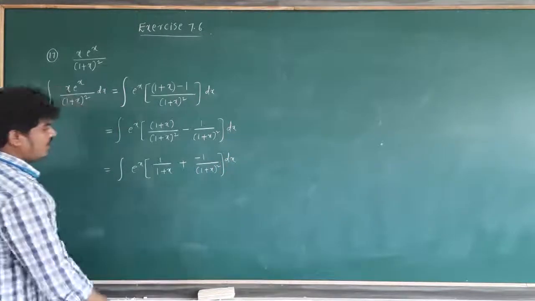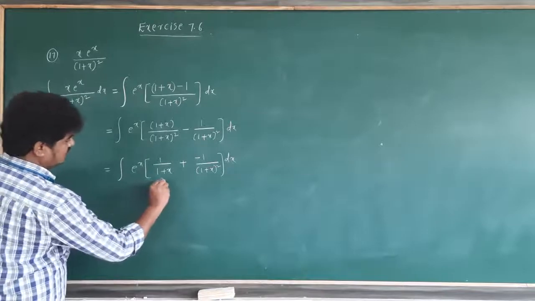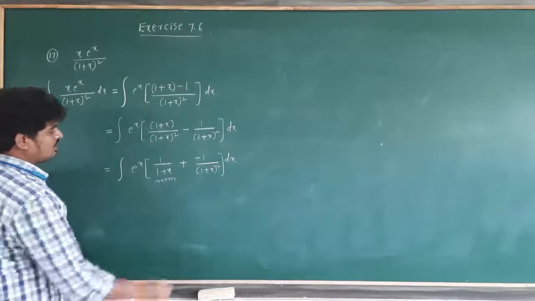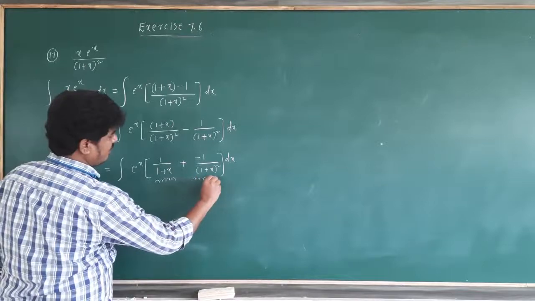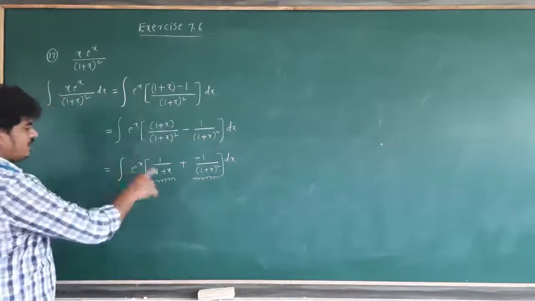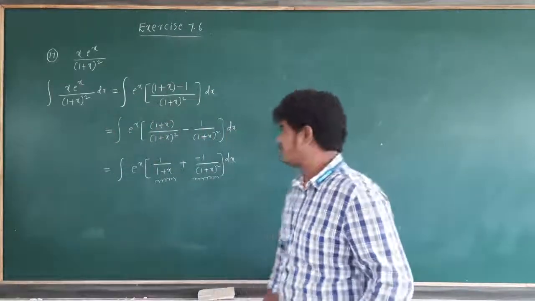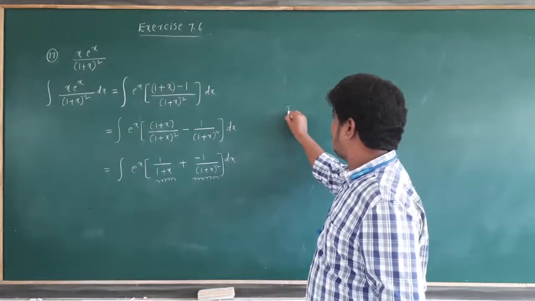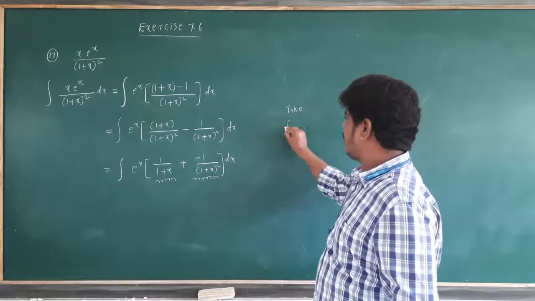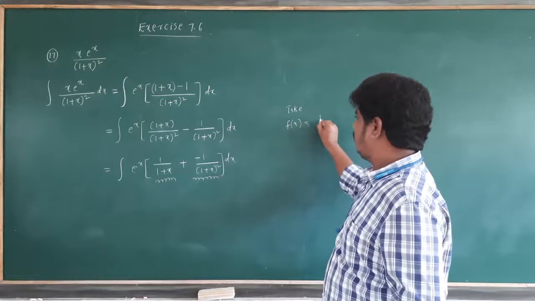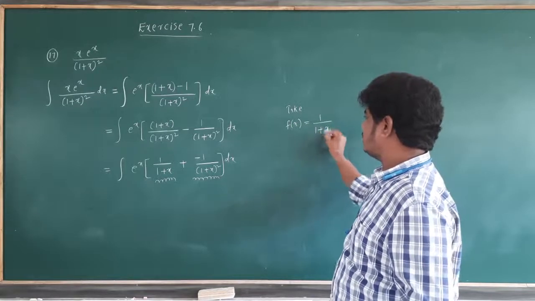Here you see two functions. One is 1 divided by 1 plus x. One is minus 1 divided by 1 plus x square. Take it as f of x. Take f of x is equal to 1 divided by 1 plus x.